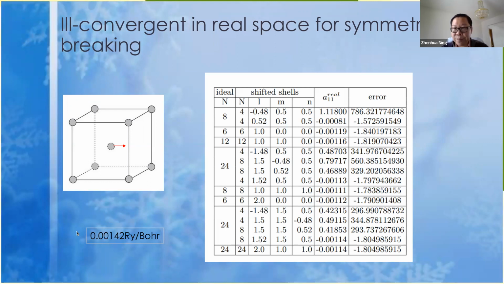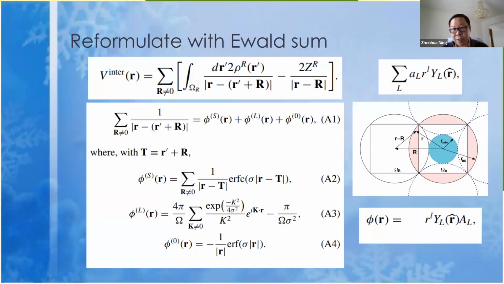So to solve this problem, I reformulate the result by Ewald sum for the intercell part. This is the intercell part. It has an R sum. This R sum can be done by the Ewald sum by these equations. And inside the R min region, the intercell part should be of this form.